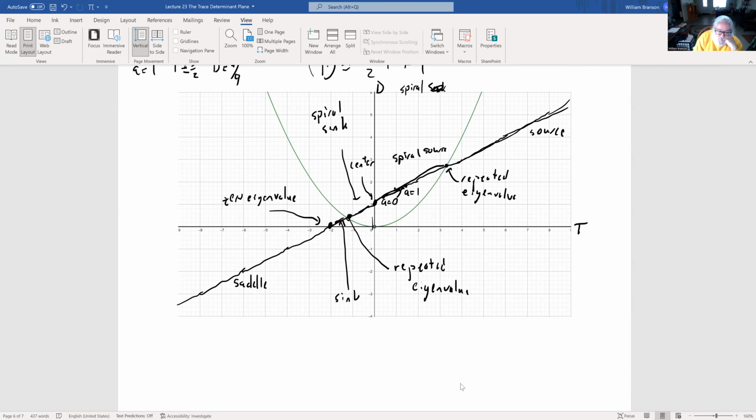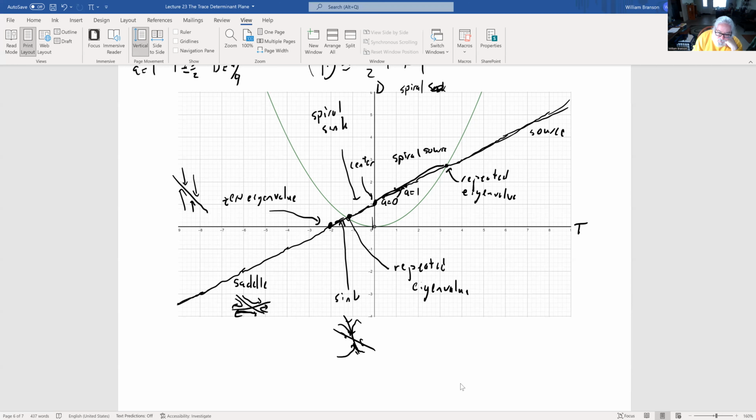So as A changes, as we go up along this path, we'll start out with a saddle as our phase diagram, something like that. And then we'll get a 0 eigenvalue, which means we'll have something like this with a negative exponent, so it'll be coming in there. A sink. It will have behavior like this. Everything going in.